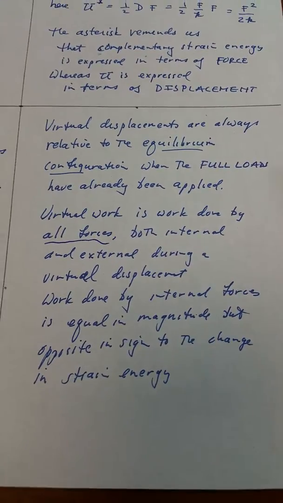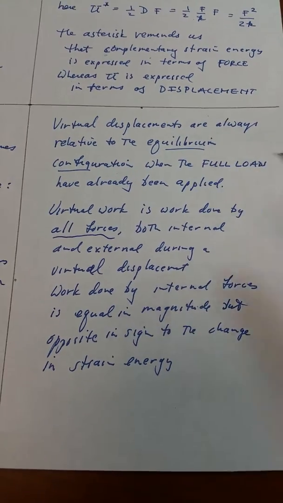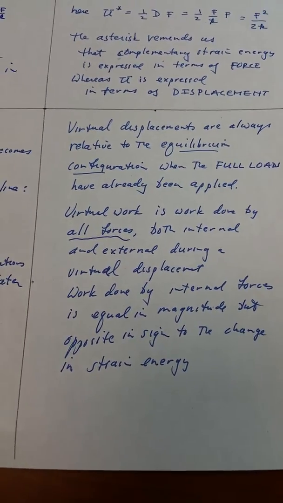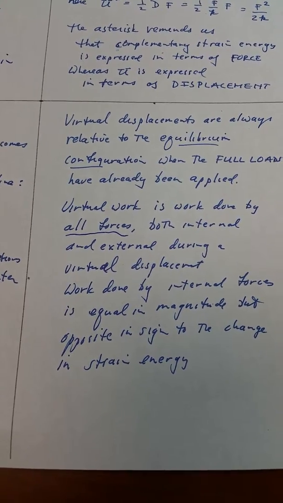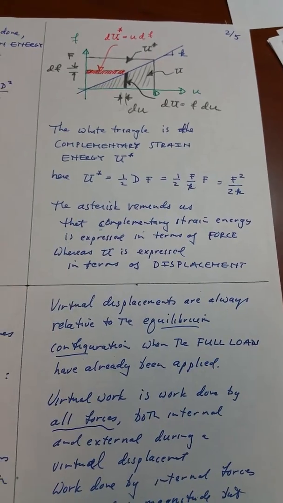That's the hardest part to kind of get your head around here. The work done by the internal forces due to these small variational changes is equal in magnitude but opposite in sign to the change in strain energy, which we just looked at. So that's why we focused on U.